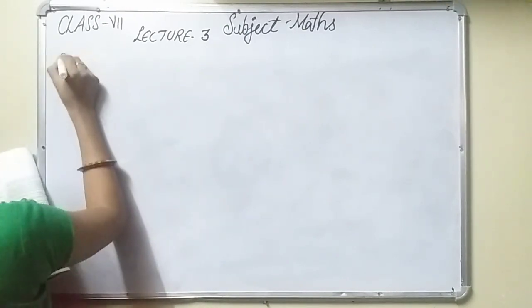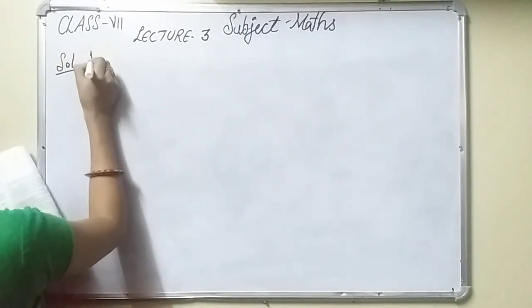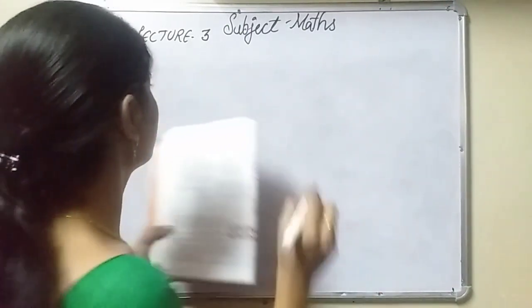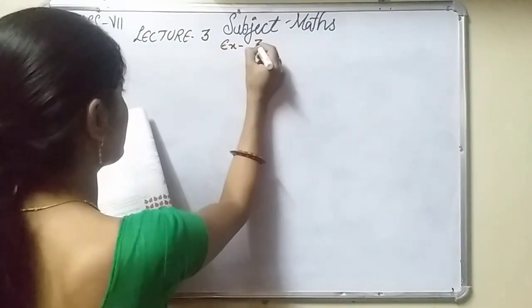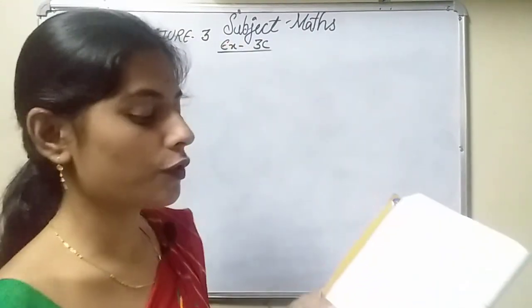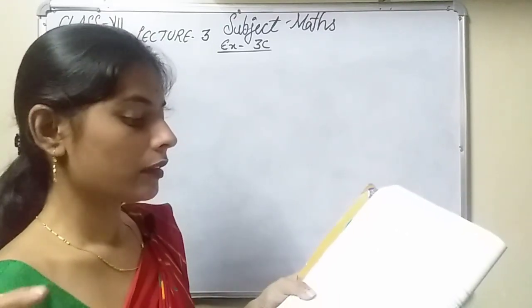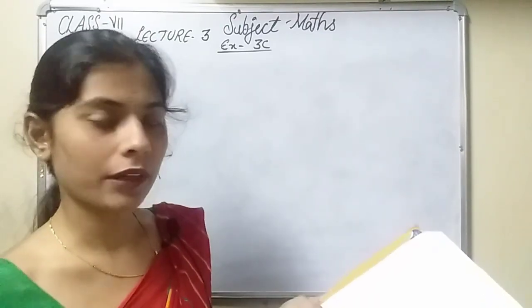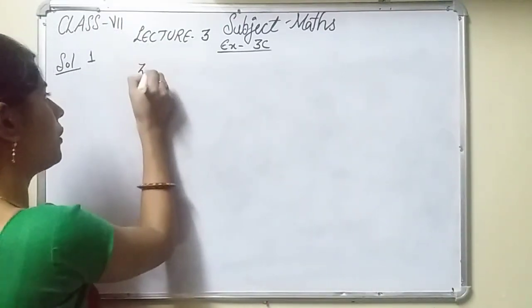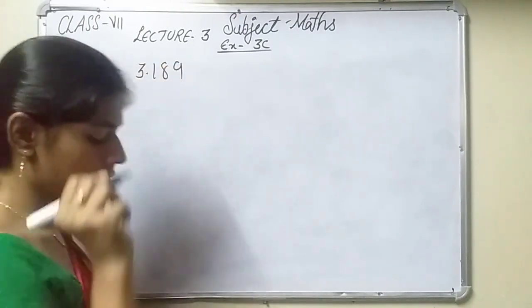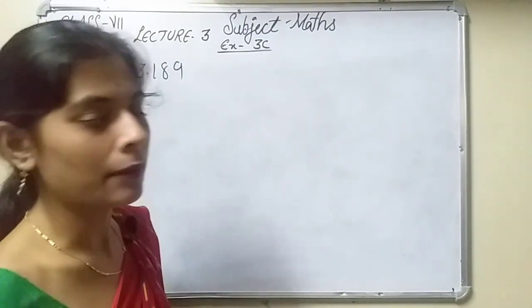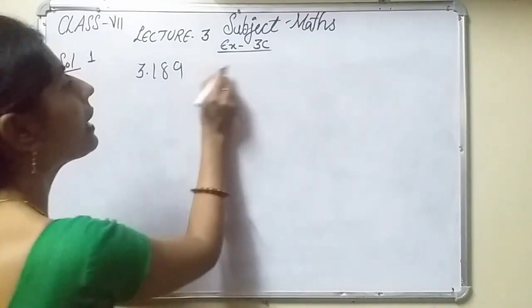See, solution number one of exercise 3C. What should be added to 3.189? Let the number to be added be x.